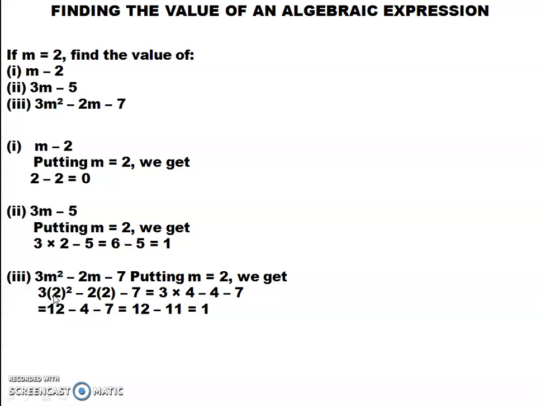How did you get it? 3 into 2, 6. 6 into 2, 12. 2 into 2 is 4. Then the constant 7. From left to right, we will execute 12 minus 4, 8. 8 minus 7, 1. So, the final answer is 1.